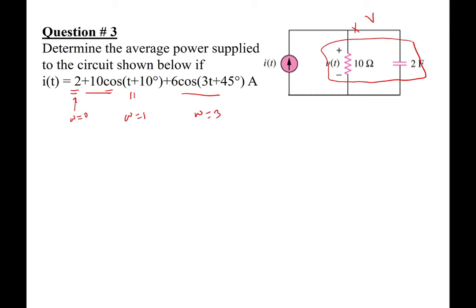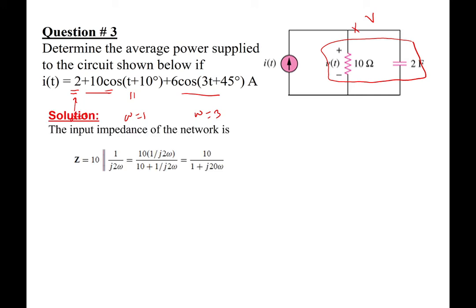So when we calculate Z, we have to take those into consideration. Okay, so this is the value of Z in general for these 2 branches. And then we can find the voltage, current times Z.